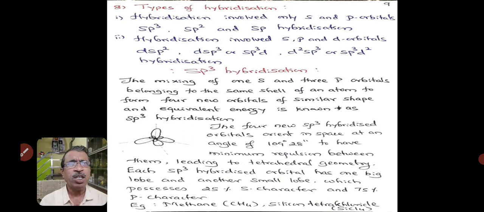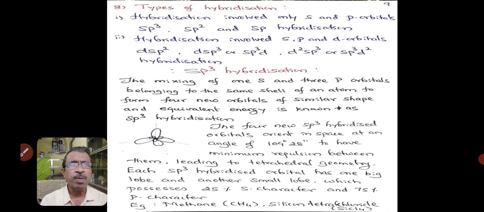If hybridization involves the mixing of s, p and d orbitals, then it results in dsp2 hybridization, dsp3 hybridization or sp3d hybridization, d2sp3 or sp3d2 hybridization.